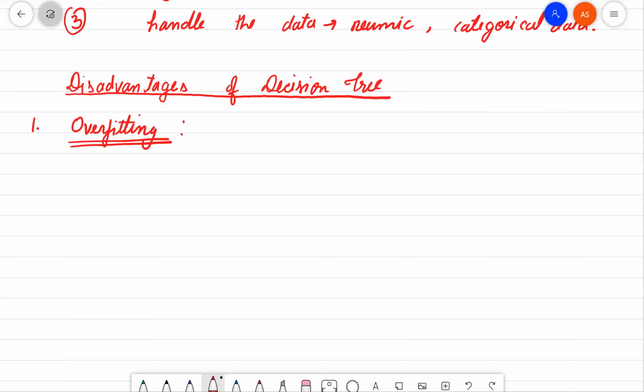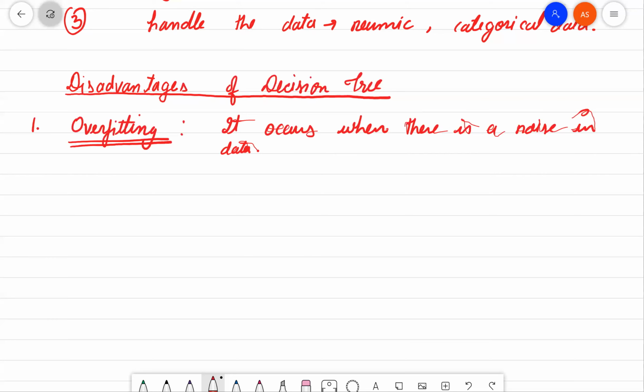Okay, there is certain unwanted data in the data set, or there is very complex data. Okay, there is noise in the data, then we can say overfitting.